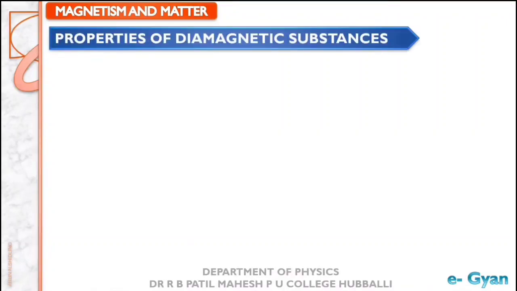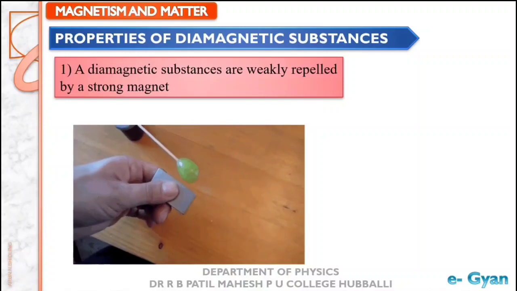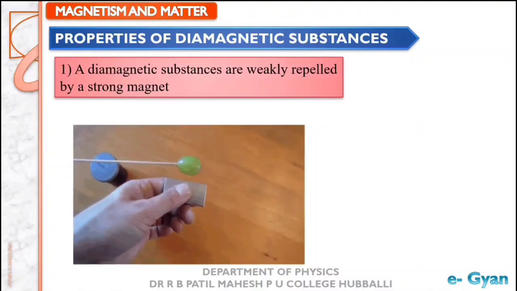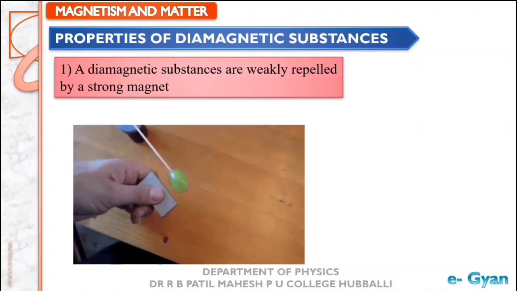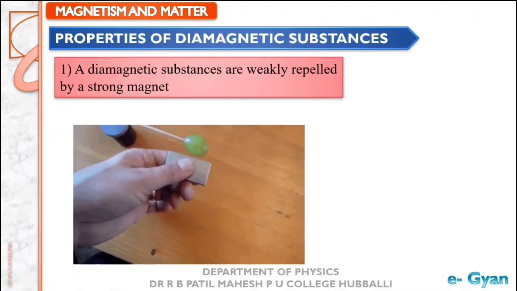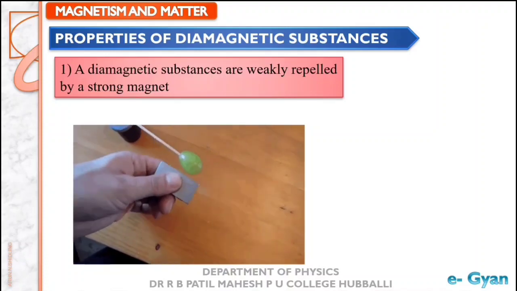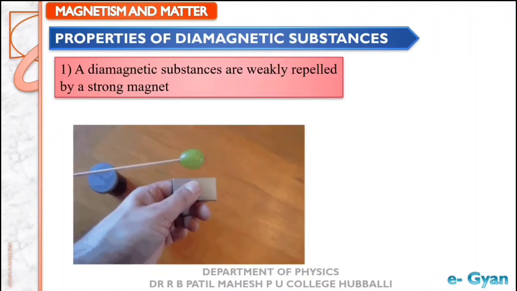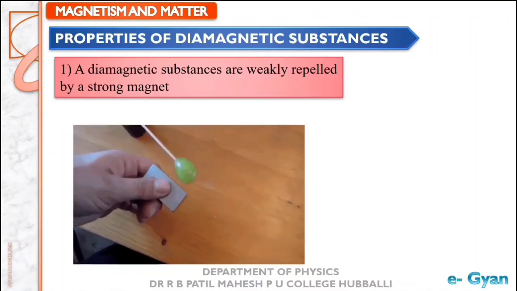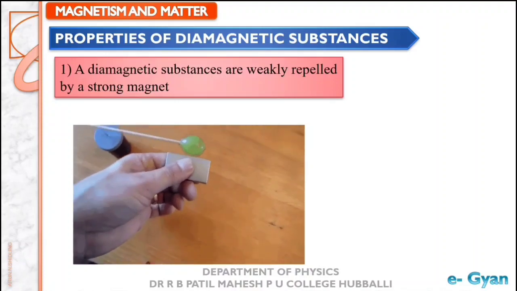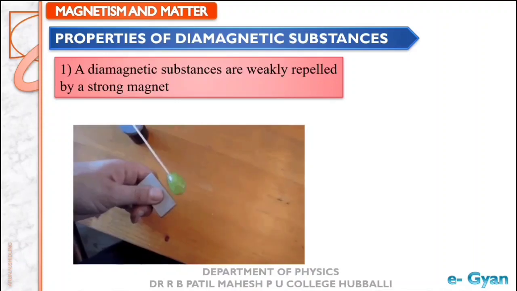Let us now take the properties of diamagnetic substances. The first property is that diamagnetic substances are weakly repelled by strong magnets. As shown on the screen, when we bring a strong magnet very close to the diamagnetic substance, it gets repelled away feebly.